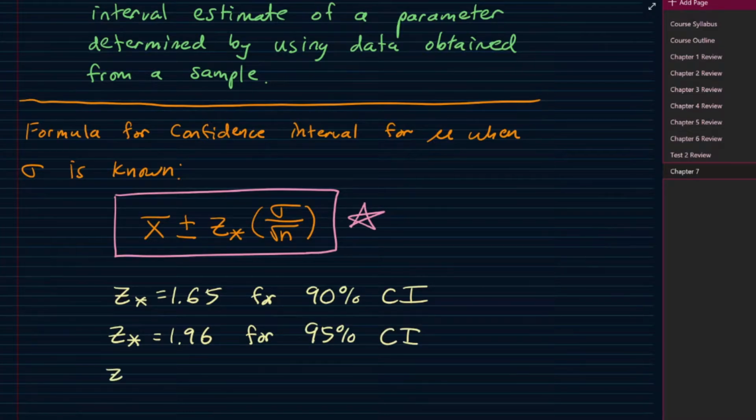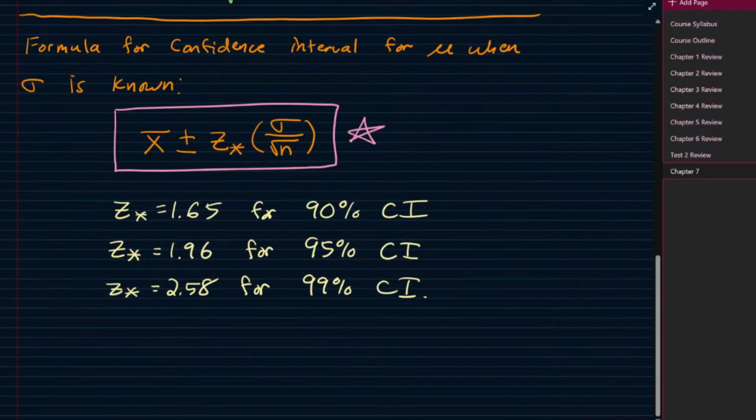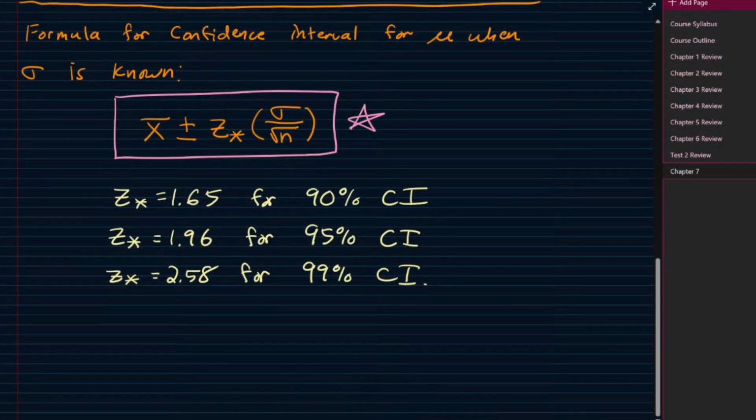And it's 2.58 for a 99% confidence interval. So try to memorize these ones. These ones get used quite often over and over and over again.